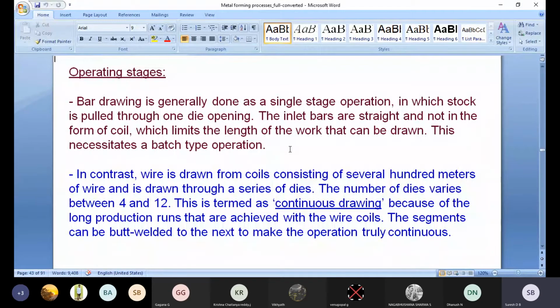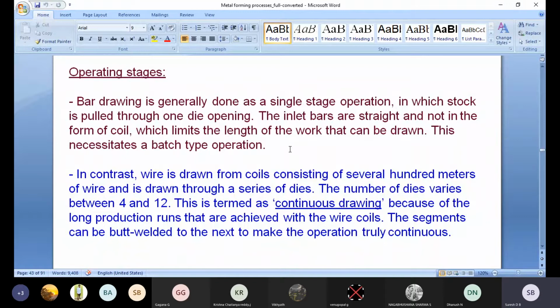Which limits the length of the work that can be drawn. If you go for manufacturing bars and rods, the length of the component is limited compared to wire drawing, because after being extruded or converted to a smaller size, a bar or rod is very difficult to handle on the right side of the dies.